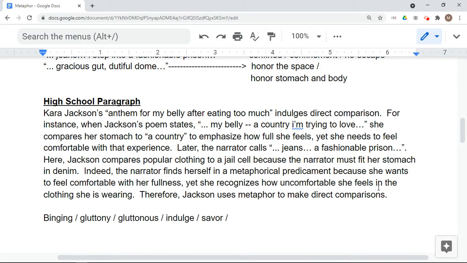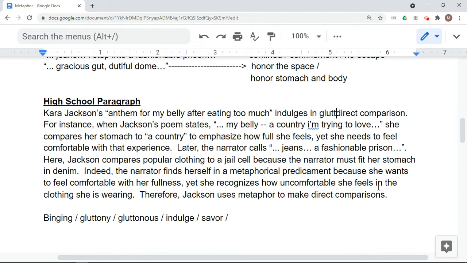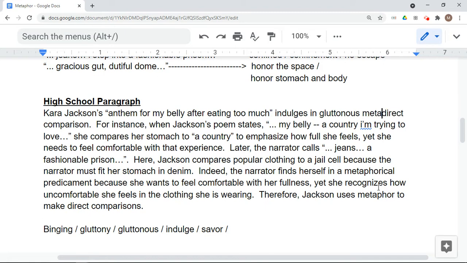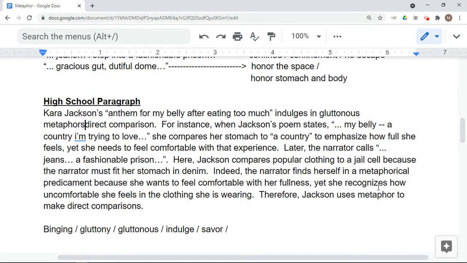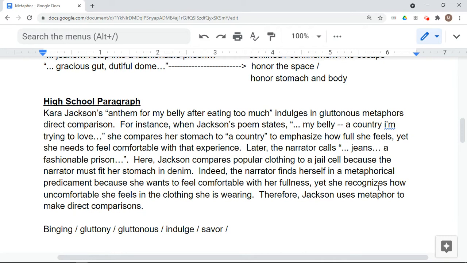Ooh, what if we said indulges in gluttonous metaphors? Oh boy. Let's try that. Boy, that might be a little too much. Kara Jackson's anthem for my belly after eating too much indulges in gluttonous metaphors.